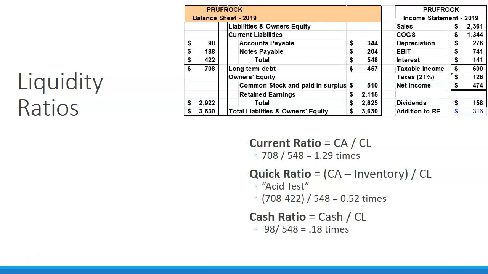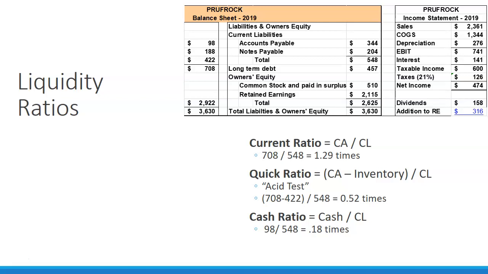The quick ratio, which is the acid test ratio, removes inventory or other assets that can't very easily be turned into cash. Now, in this textbook, it just talks about inventory, but if we had prepaid assets, they would also be removed. So we take cash and accounts receivable, our quick assets, subtract out the assets that take time to turn into cash, and divide by current liabilities.